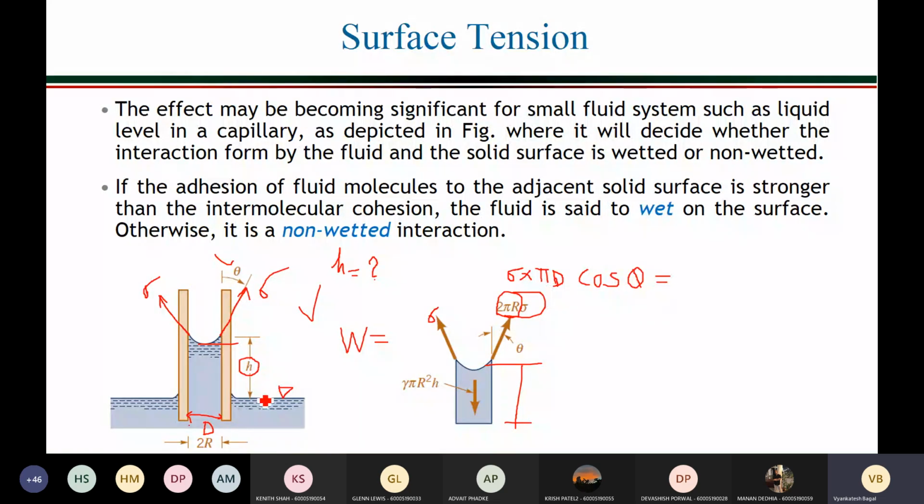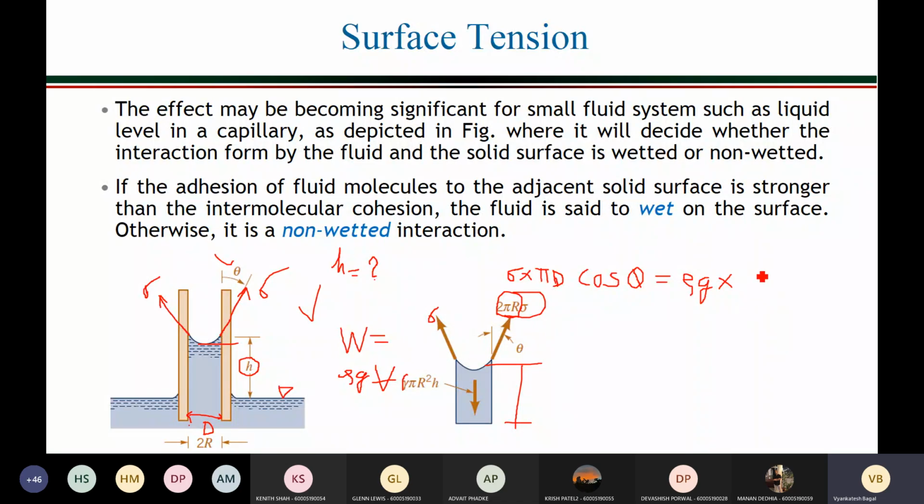Now what is the weight of the column? It will be simply rho g into the volume of the column, rho g v. Rho g is the specific weight, gamma.